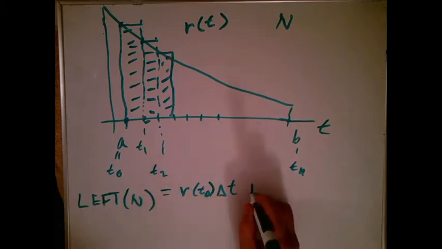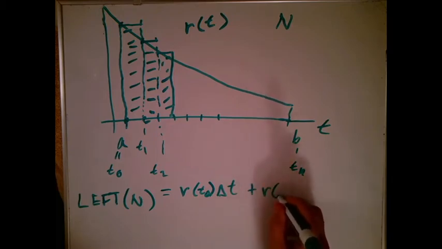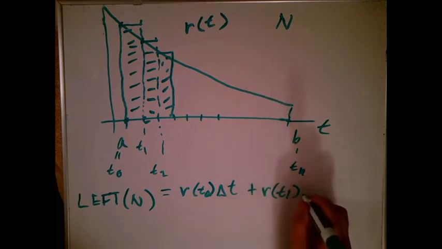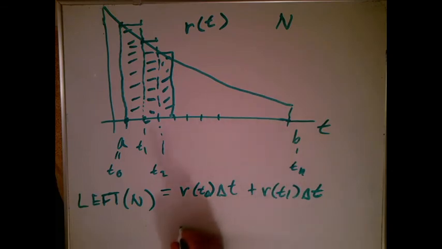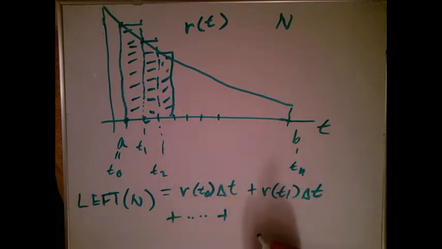The area of my second rectangle would be r of t1 times delta t, and so on, and so on, until you get to the very last one. Now, what's the very last one? Well, it has a width, so write down delta t. It's r of something. I just have to be a little bit careful here.